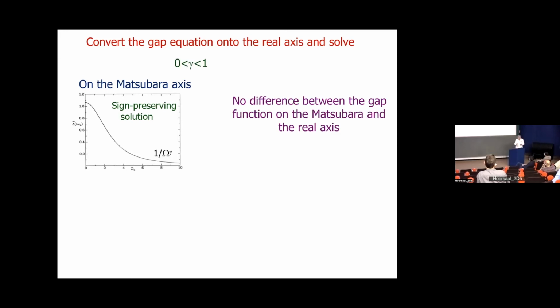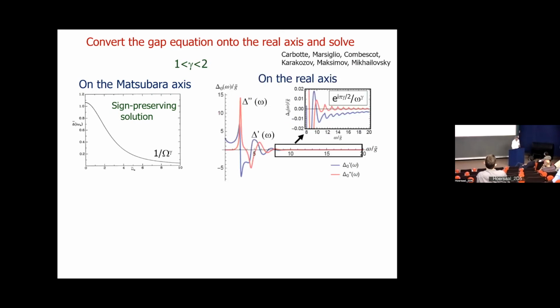And here's the story: if you take gamma between 0 and 1, and I didn't even bother showing you all these results, there is attraction on both the Matsubara axis and the real axis, and not much difference between solutions on both axes. But if you go to larger gamma, you start seeing that the interaction becomes repulsive on the real axis. You start seeing how the gap function reacts.